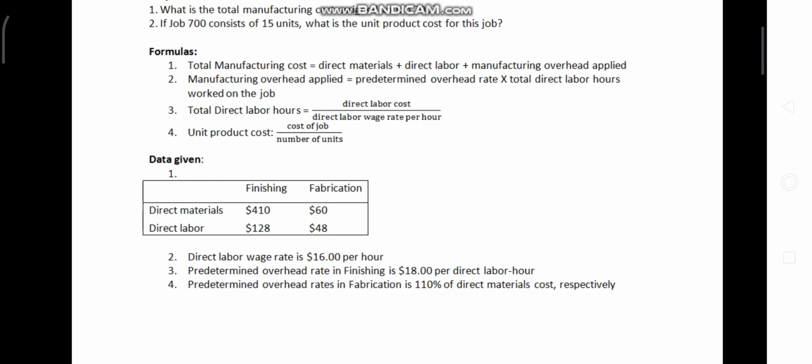Now let's calculate the manufacturing overhead for the fabrication department. We're done with finishing department and now we have to switch to fabrication department. Fabrication department says that predetermined overhead rate is 110% of direct material cost, and direct materials mentioned here is $60.